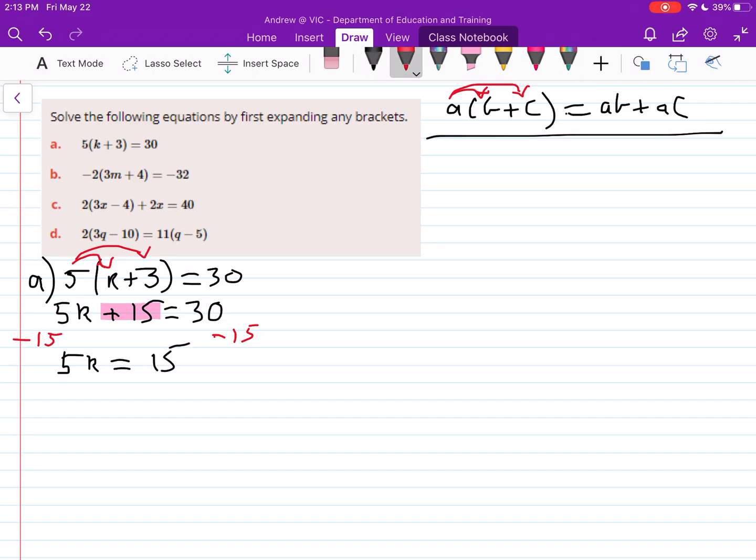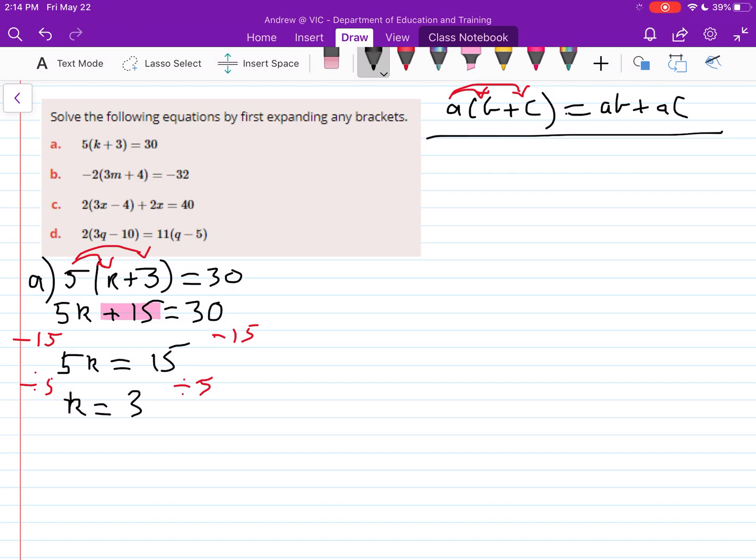Then we've got 5k, so 5 times k, so we need to divide by 5. So k is equal to 3. Alright, so that's our first example there, done.